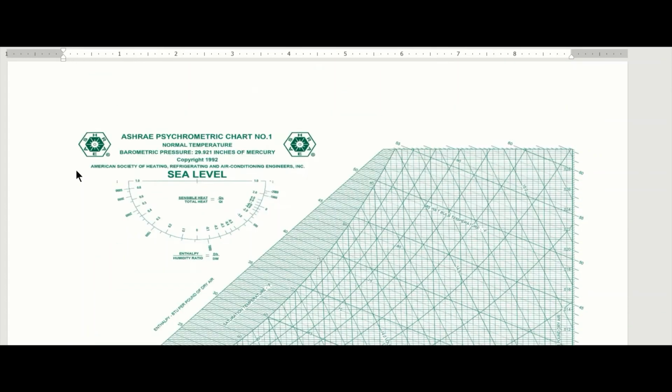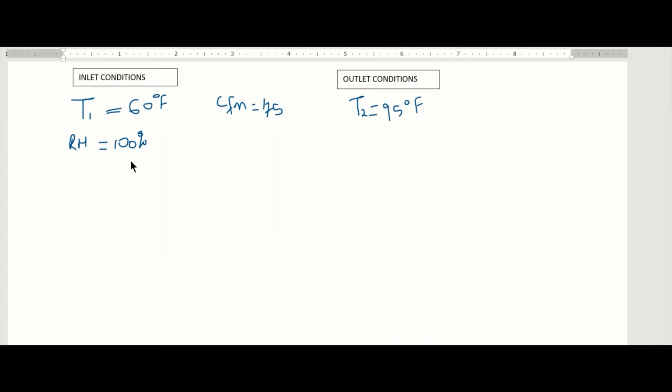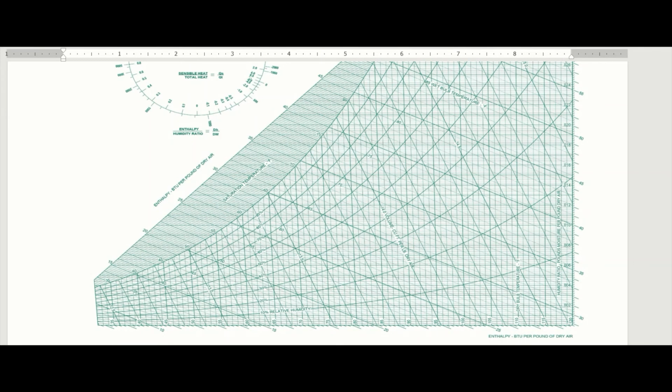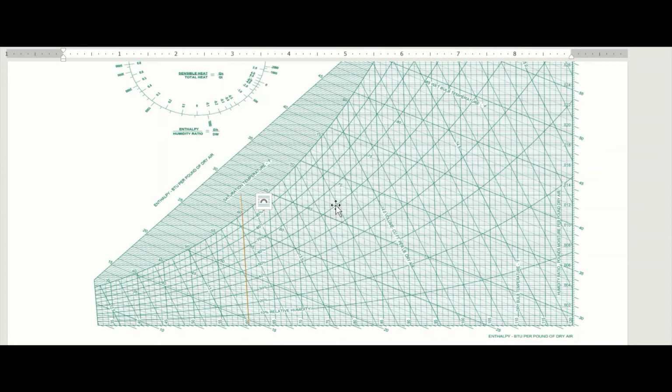So the first condition, I'm given dry bulb at 60 and RH at 100%. So I'll come to my chart and try to get my first state point. It says that my dry bulb is at 60, so here's my 60. I draw the line up, my 60. I can make the line visible. Now it says my relative humidity is 100, which is given as 60, 70, 80, 90, 100.